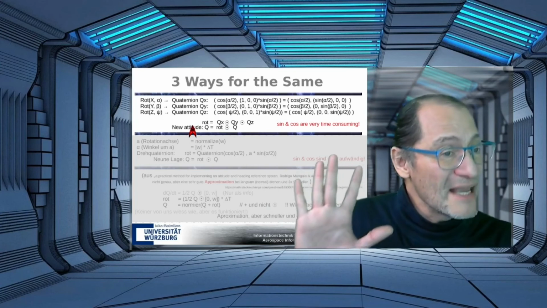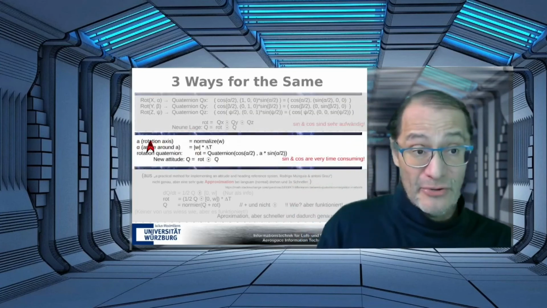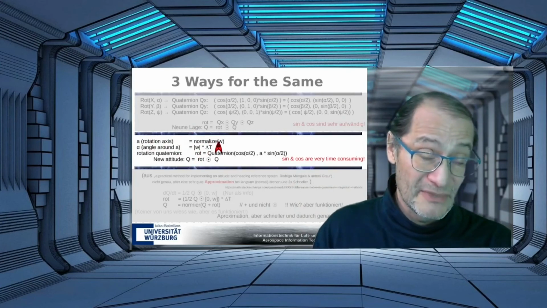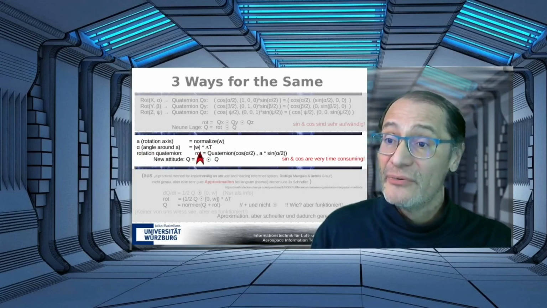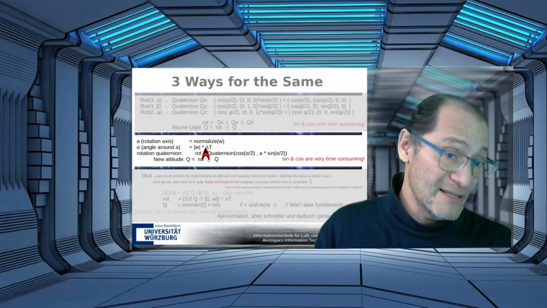Now let's do the same without going through these corners. I said before, I have the rotation axis, which is the normalized rotation speed vector, a three-dimensional vector. I have the rotation angle, which is the length of the rotation speed multiplied by the time step.